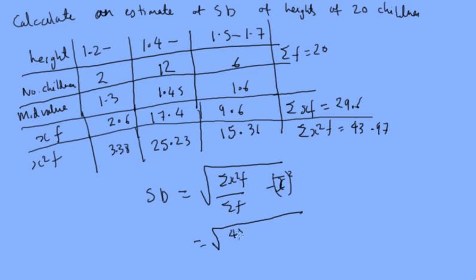So you get 43.97 over 20 minus 29.6 over 20 squared, and that's going to give us 0.0081, which, working that out, gives us 0.09 of a metre. So I hope that helps.